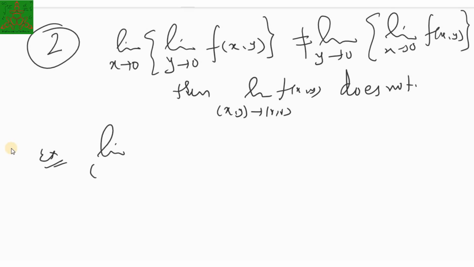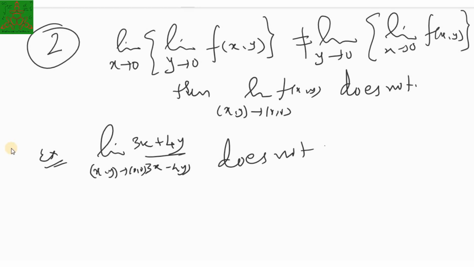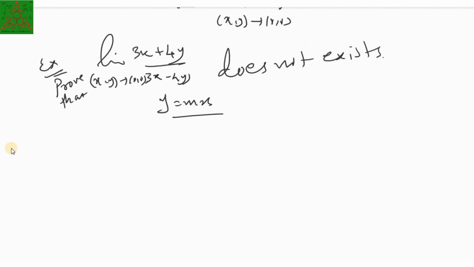Prove that the limit of (3x + 4y) upon (3x − 4y) as (x, y) tends to (0, 0) does not exist. You can check that this limit does not exist by taking y equal to mx. Another way is to check with the help of the repeated limits.